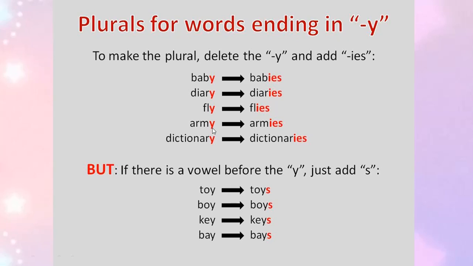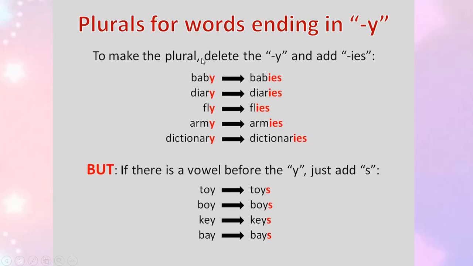The sleepy consonant will allow you to change Y to I. Then you add what? ES. So whenever we find a sleepy consonant before Y, we change Y to I, then add ES.